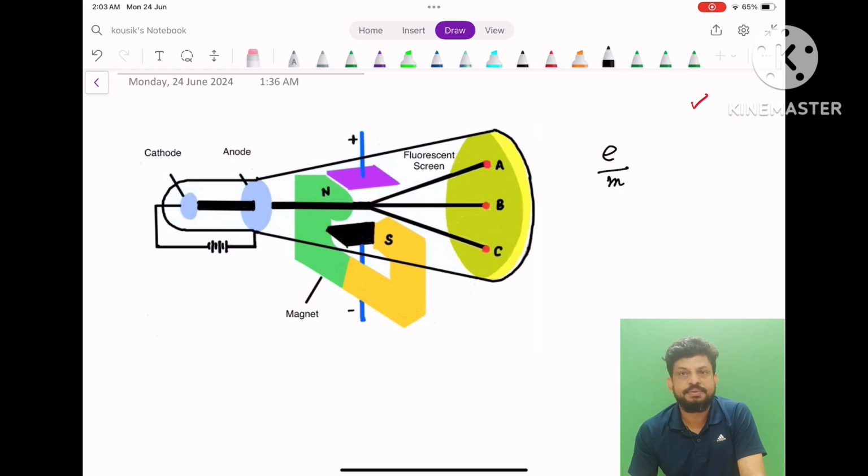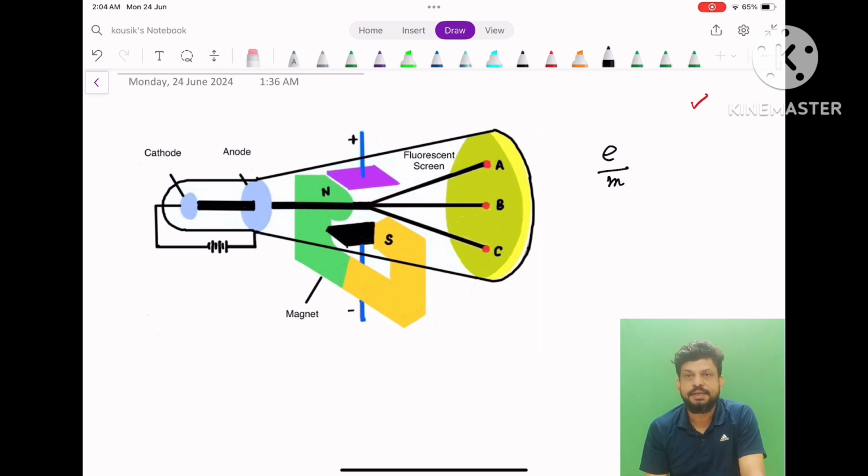But at that time, scientists had no idea how light it is or what the value of its charge is. So the e/m value at least gives a clue about the charge and also the mass of the electron, although we don't know their actual values. Let's begin the main topic: how we can work out the expression of the e/m value.